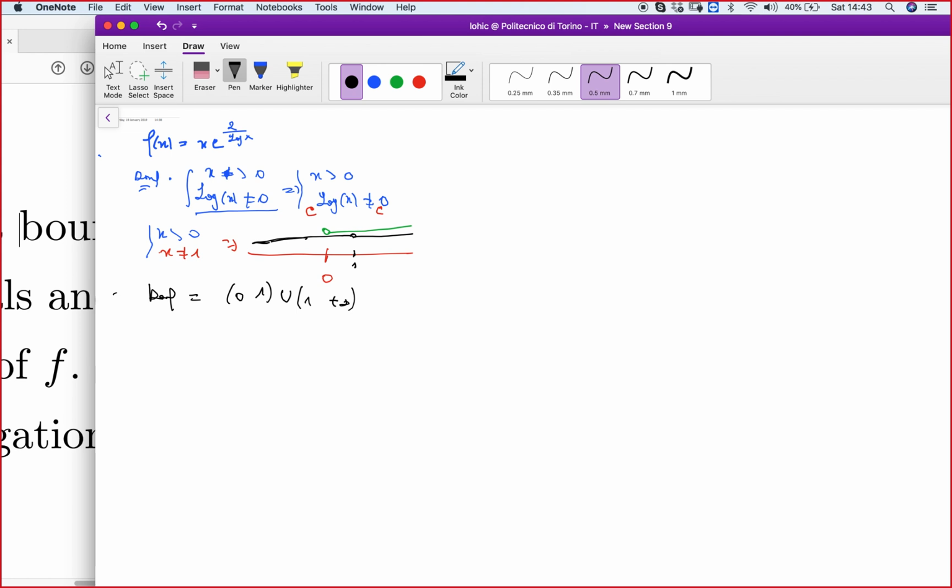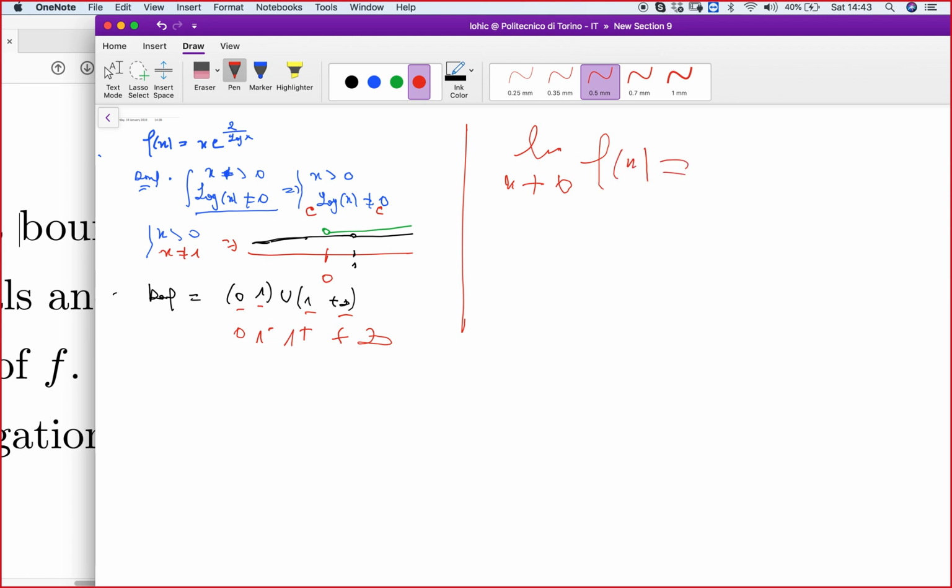Then the next thing we have to do is to find the limits at the boundary points. The boundary points are 0, 1, 1, and plus infinity. So it will be 0, 1 minus, 1 plus, and plus infinity. Let's do our limits here. We have the limit when x tends to 0 of f of x.